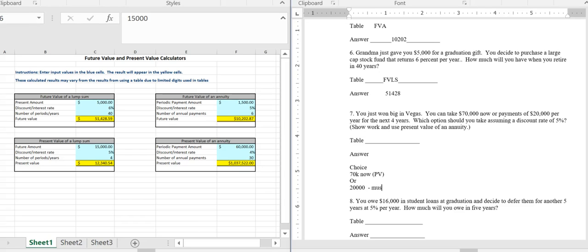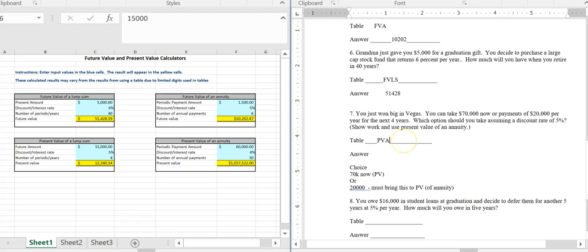I must bring this to present value, otherwise I cannot compare this. So I'm going to bring this into present value of an annuity because this is an annuity stream. And I can compare this $70,000 that's already in present value to the present value of an annuity stream. So that's what I'm going to do.